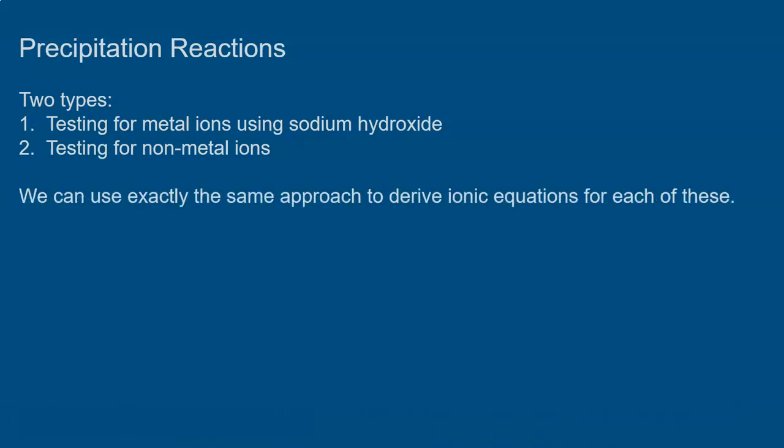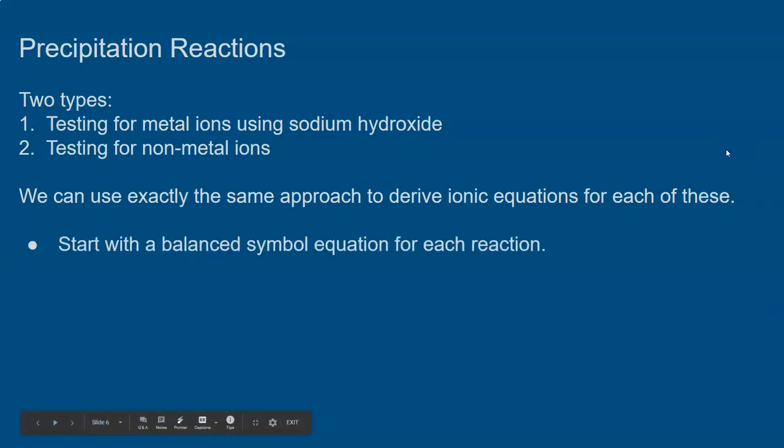Again, you can use exactly the same approach. Split everything up into ions, that is free ions. Remember, the precipitates that you form are not free ions. They are solids. The ions are stuck together in a lattice. So you need to think about, in each instance, what the precipitate being formed actually is, and that makes life quite a bit easier.